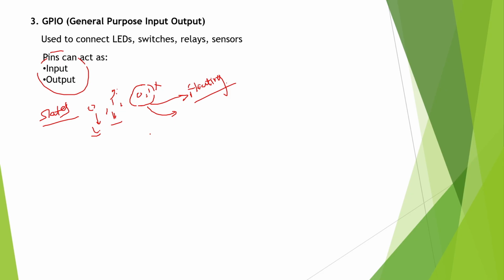If I say high, the LED will be on, meaning the GPIO pin has 3.3 volts. If the LED is off, there is 0 volts on the pin, and it is a low state. This comes under output mode.